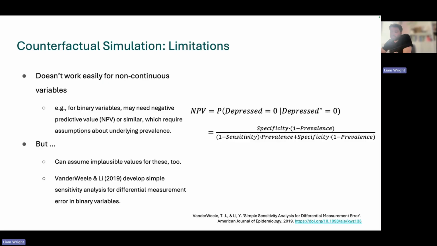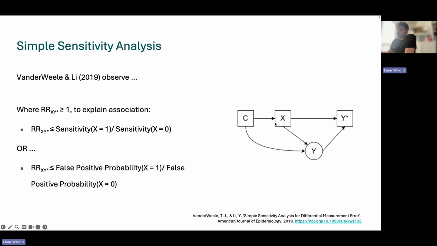And then another QBA approach is something called simple sensitivity analysis. And there's a paper by Van der Wiel and Lee where they look at this for differential measurement error in binary variables. And that's what I want to talk about now. So in their setting, which isn't to do with mode effects specifically, they're interested in whether the association between two binary variables, x and y, can be explained by differential measurement error.